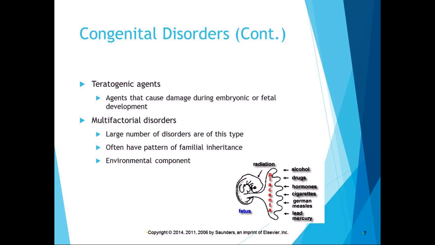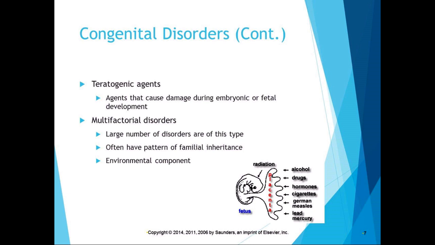They might be polygenic, or they may be the result of an inherited tendency towards a disorder that's expressed after exposure to certain environmental factors. We talked about this early on in the development of pathology. You might have a predisposing genetic makeup, and then you have a precipitating environmental component.